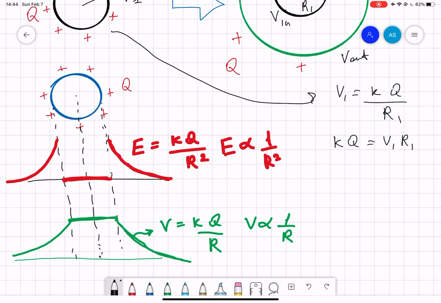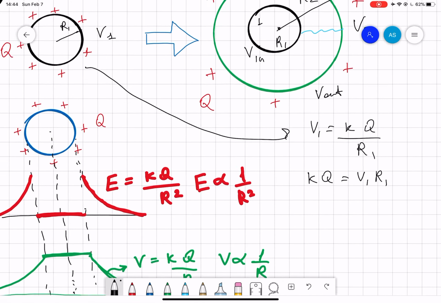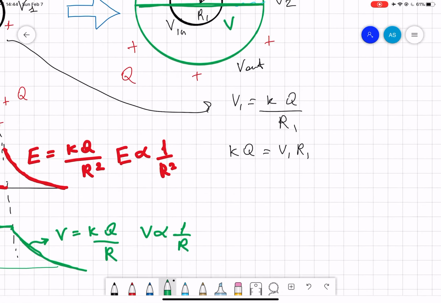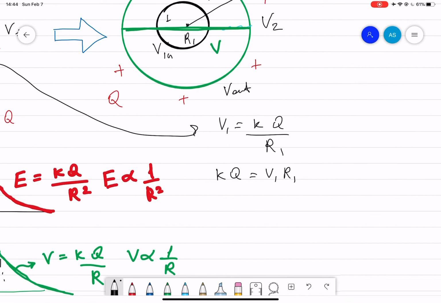However, as I said, the electric potential inside the sphere will be the same. So V outside is equal to V inside, or V2 is equal to V1 inside, and then it will get less and less outside of the big sphere.